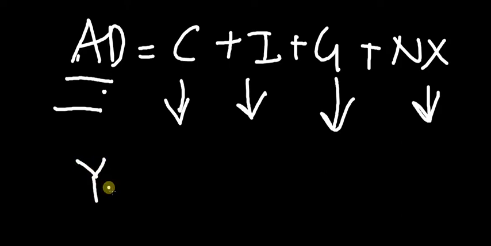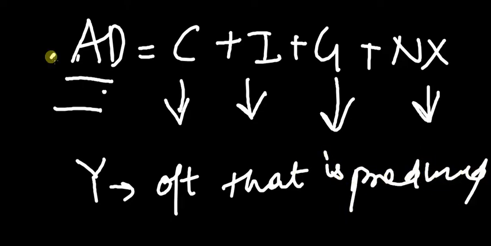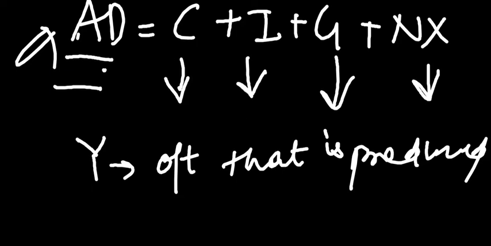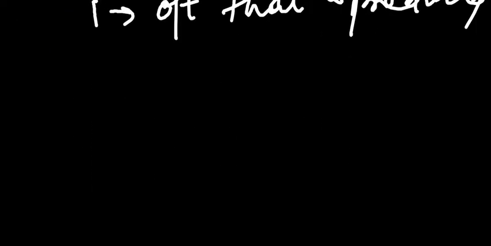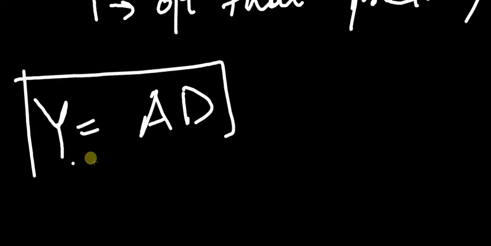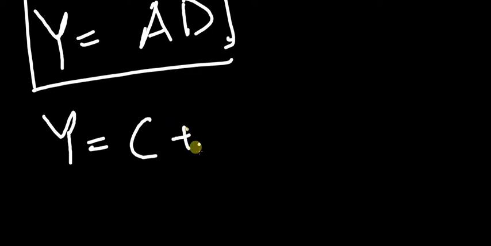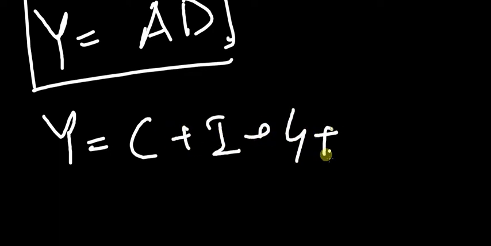Suppose Y is the output that is produced, and this is the output that was demanded. These two should be equal at equilibrium. So for an economy, the equilibrium level is Y equals AD, or Y equals C plus I plus G plus NX.